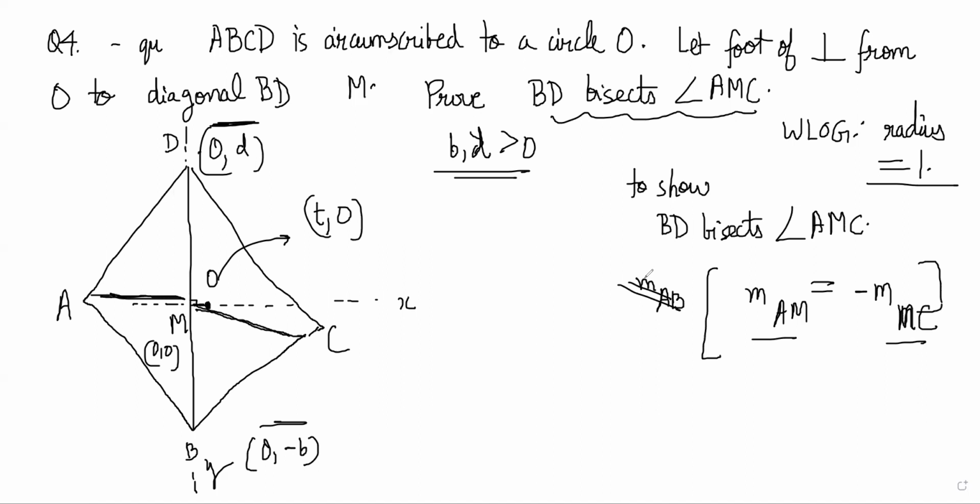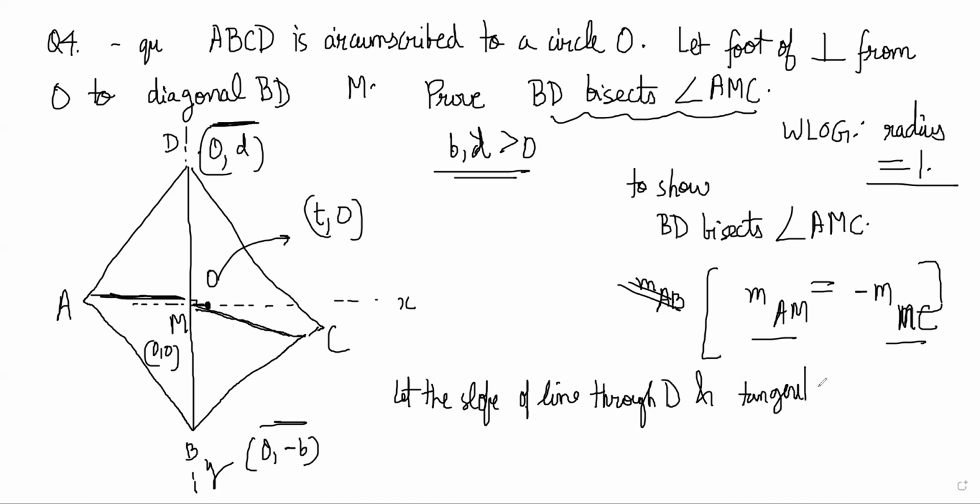So now what we'll do is we'll apply coordinate geometry a little bit. We'll say let the slope of line 2D and tangent to circle O be this equation.